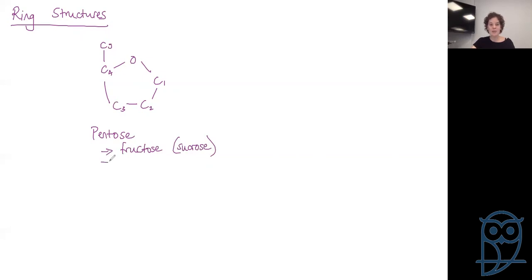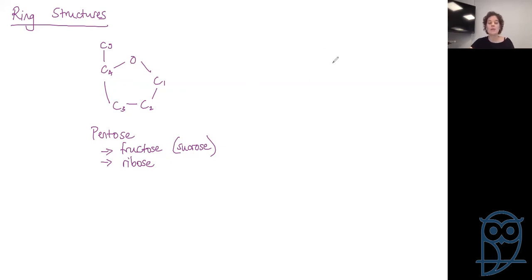The other one is ribose, because it's a big deal when you get to DNA and RNA structure. Both fructose and ribose are pentose sugars, and we don't tend to go so much into learning their structure as we do into learning the structure of glucose.